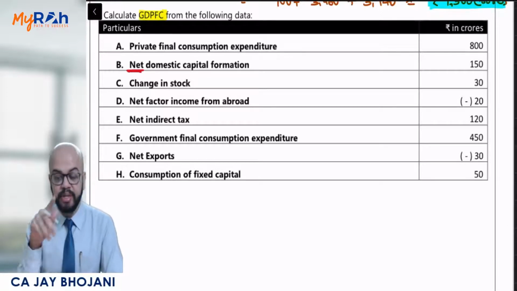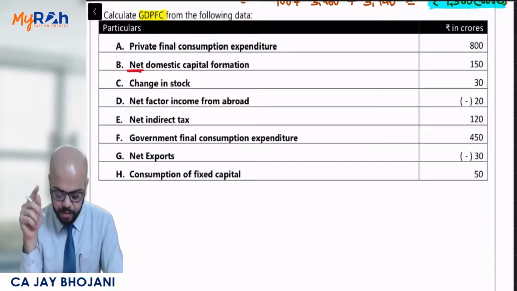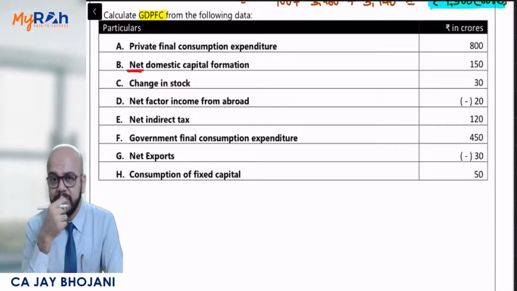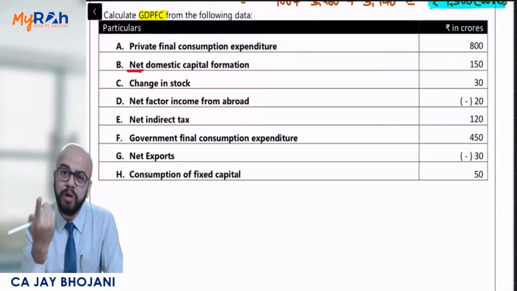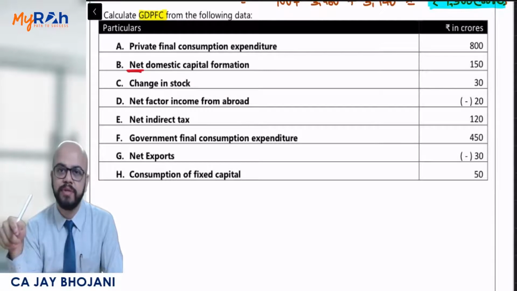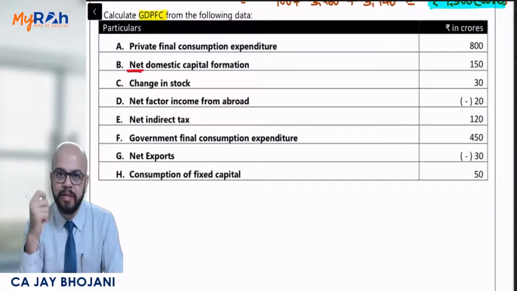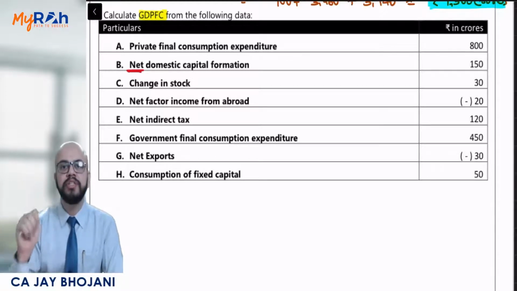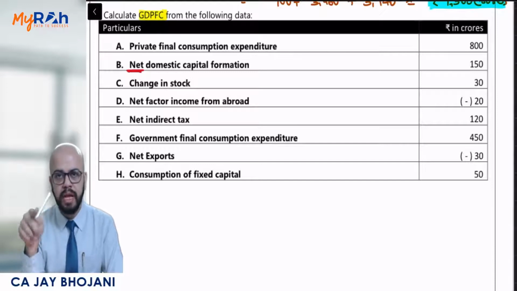See, now this is a trick adjustment which is given. Change in stock is already included in GDCF. If you remember the discussion that we had, I gave you some of the inclusions in GDCF. Out of that, one was change in stock, change in inventory, right?